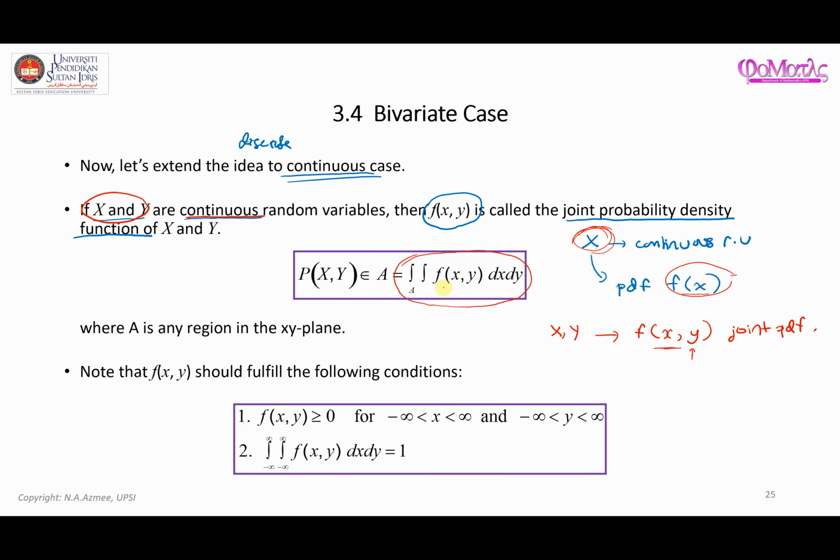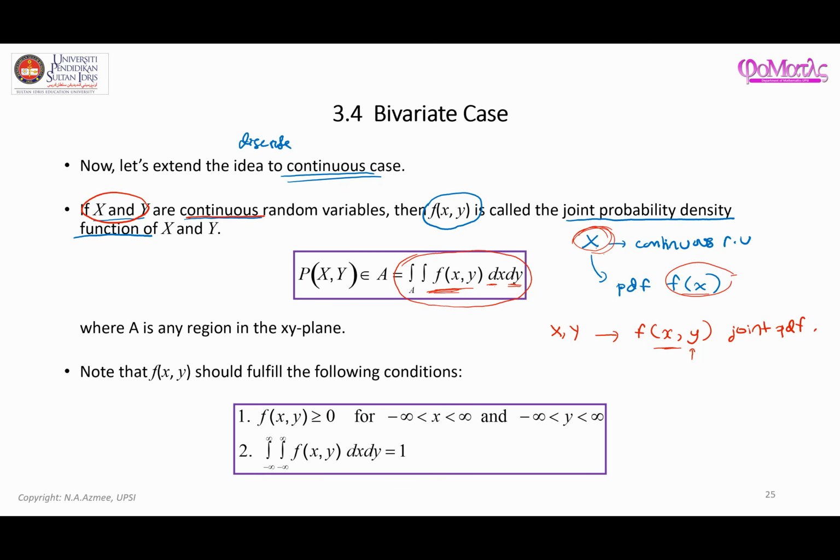We integrate this joint probability density function with respect to x, and then do it one more time with respect to y. It can go the other way around. It doesn't matter if we do it with respect to x first and then y, or dy dx, that is also fine.